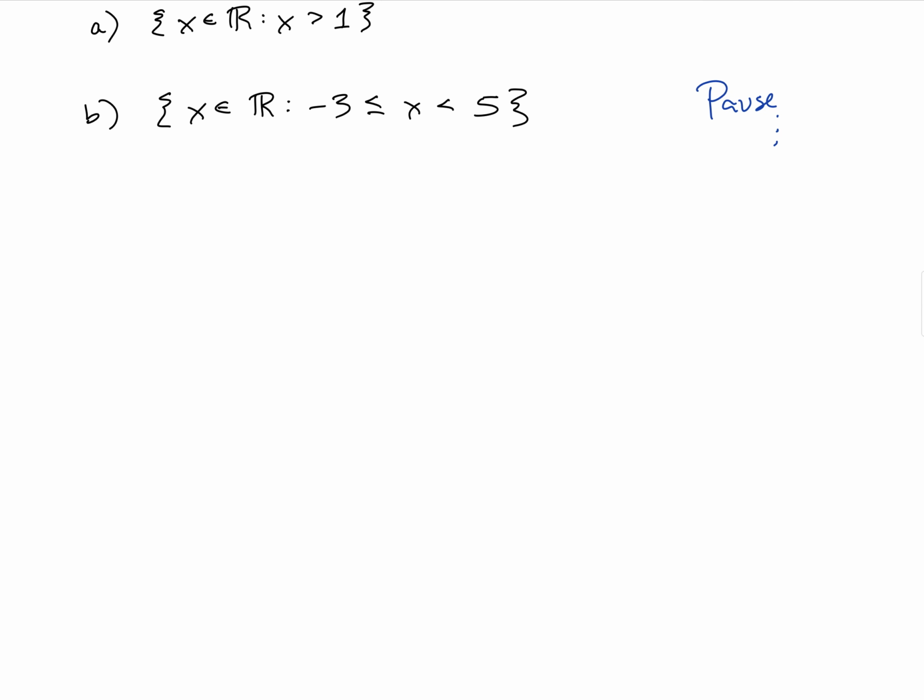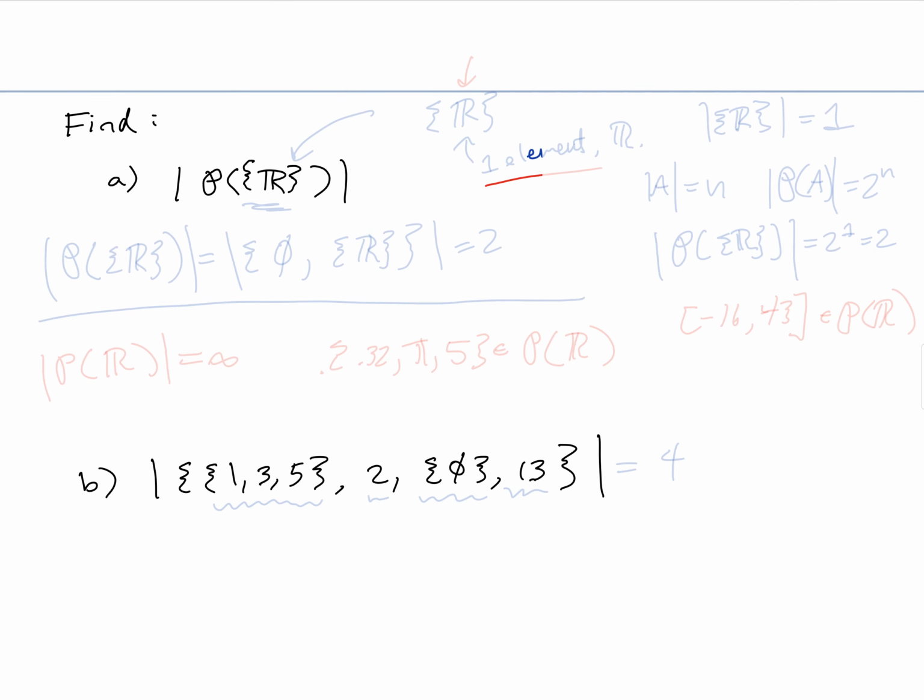Okay, so if we want to find the cardinality of the power set of the set containing the set of real numbers. Note this set is a set containing just one element, and the element is the set of real numbers.